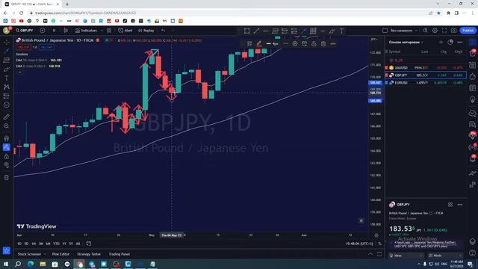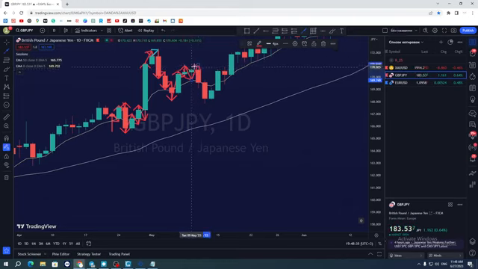and then a small pullback at the end of the day, trying to go down on this small wick, but then it broke this structure. So once it broke this structure, you can say that, and then a small pullback, broke the structure. And if you see here, it was some sort of break of structure, but the price went back up.